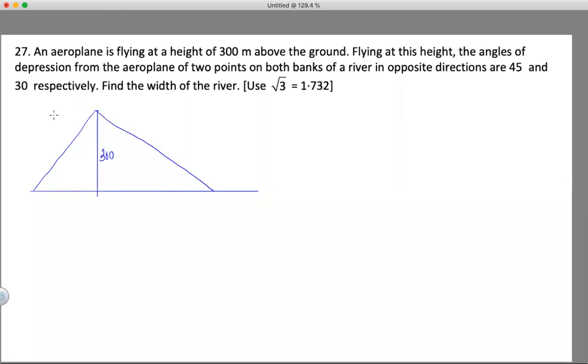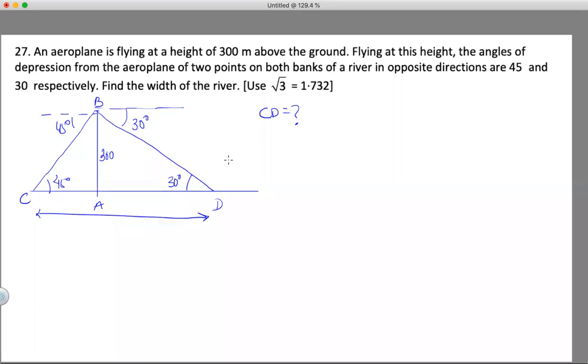Here the angle of depression is 45 degrees, and here the angle of depression is 30 degrees. We can mark these also. And what do we have to find? We have to find this entire width. Let us mark this. So we have to find CD.